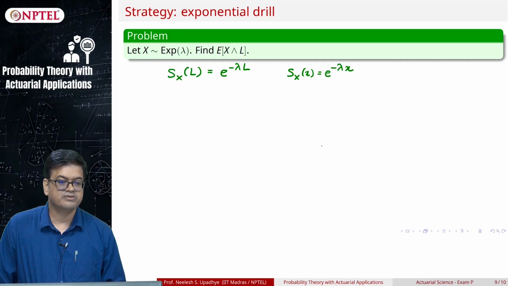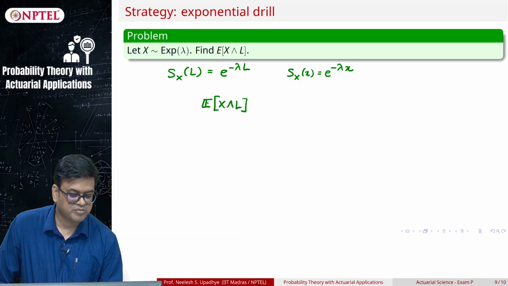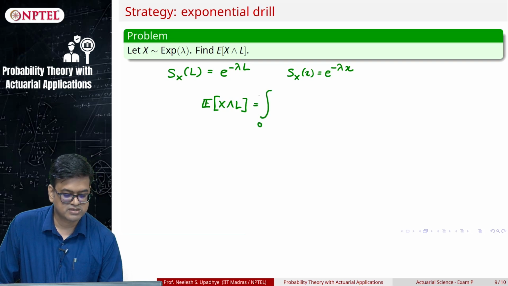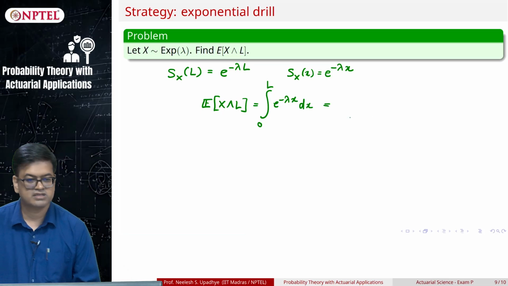Now, if I want to compute the expected value of the minimum of x and L, I need to integrate this from 0 to L, e raised to minus lambda x dx, and the exponential integral is very easy.